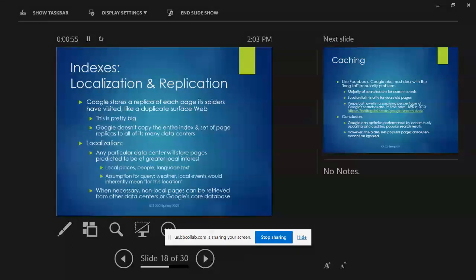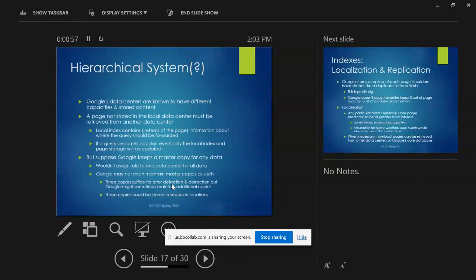Okay, so we talked the other day about how Google has this hierarchical system, and the big takeaway from that is that number one, the index is really big. Number two, it doesn't make sense to store every part of the index at every data center because a lot of content is only going to be of interest in limited parts of the world.